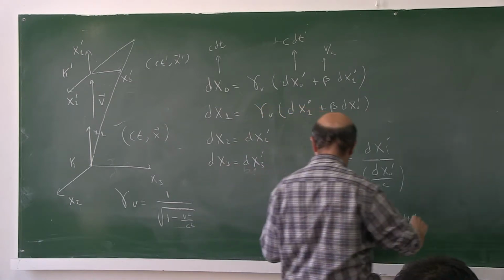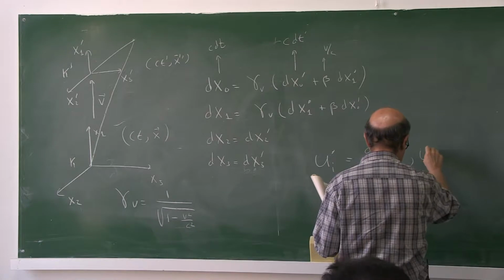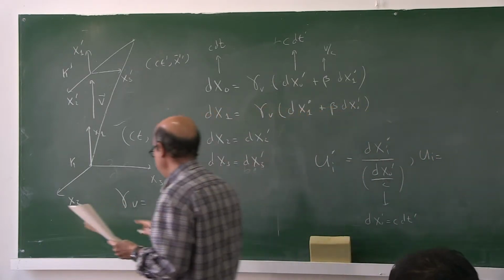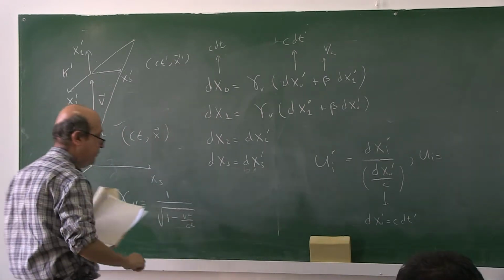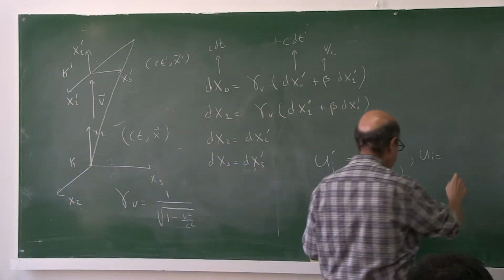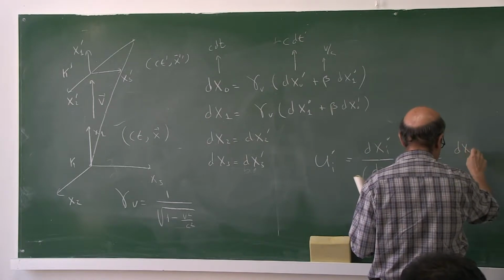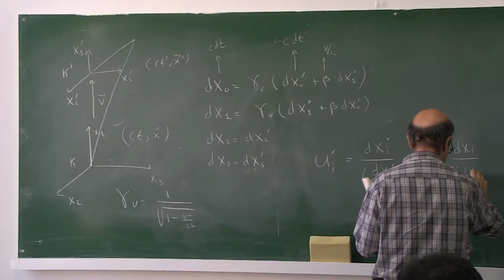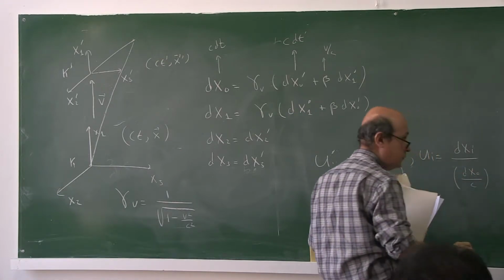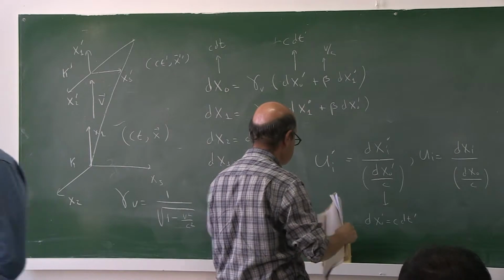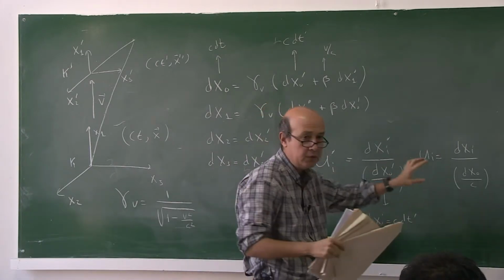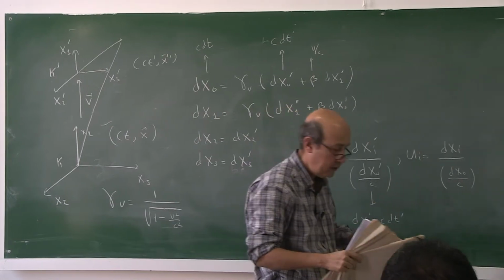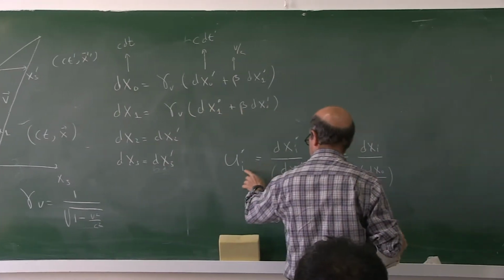And the components of the speed seen from the k frame, the one that is not moving, will be dxi over dx0 over c, where i is 1, 2, 3. They are all spatial, there is no time coordinate, so i runs over 1, 2, 3.